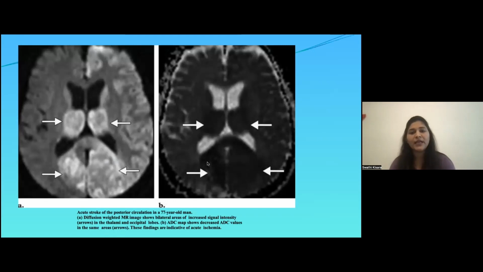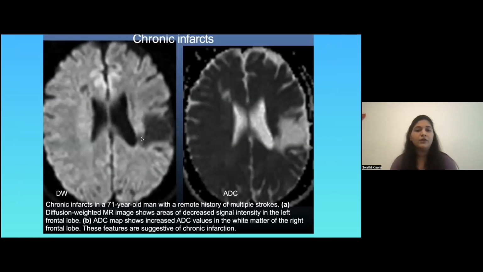And the corresponding ADC images show hypointensity. So these findings are indicative of acute ischemia. Whereas in chronic infarcts, the diffusion weighted images show a hypointensity and the corresponding ADC maps show hyperintensity. So these findings are suggestive of chronic infarction.